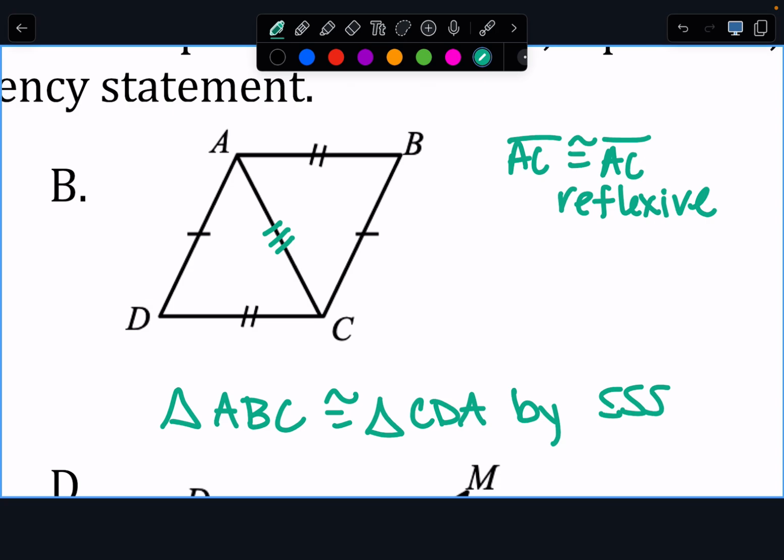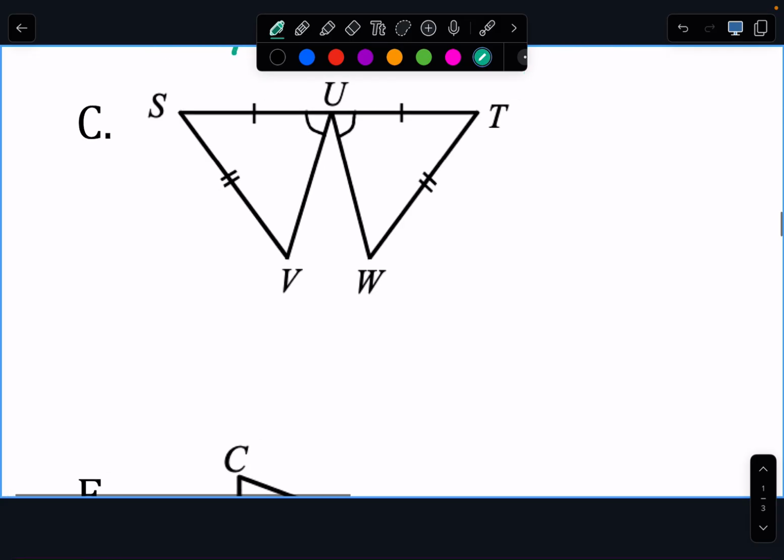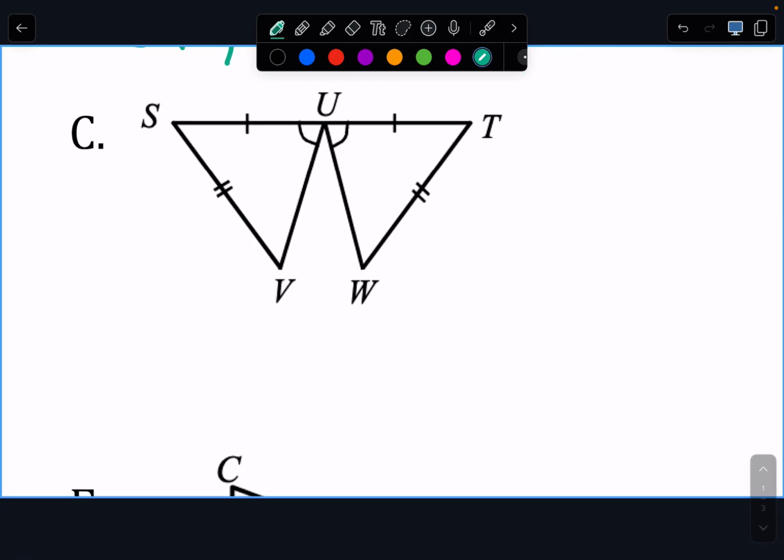So when we're doing the proofs, do we only have to put SSS? Okay, look at letter C. Can't do that. Why not, Logan? Because you can't have bad words. So what's the real problem? It's not in between the two congruent sides.